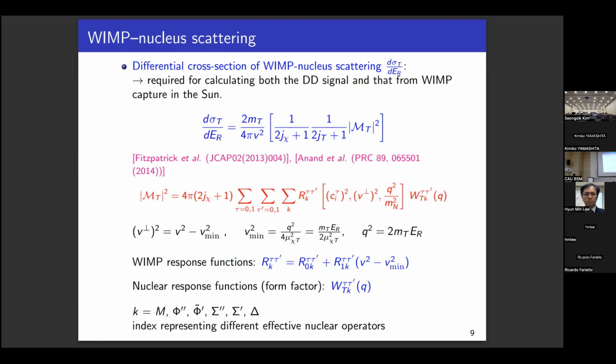It can be decomposed into two parts, a velocity independent part and a velocity dependent part, which goes this way. The other part is the nuclear response function, which is basically called the form factor, which is a function of transfer momentum. And this index represents different effective nuclear operators, for example spin-independent type, spin-dependent type.